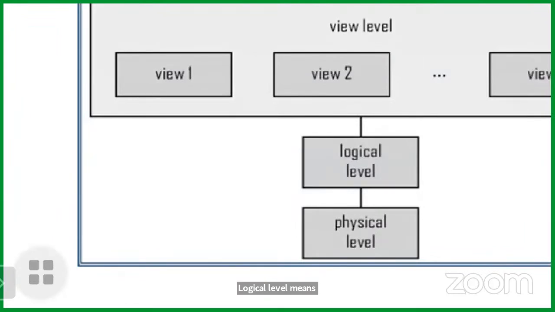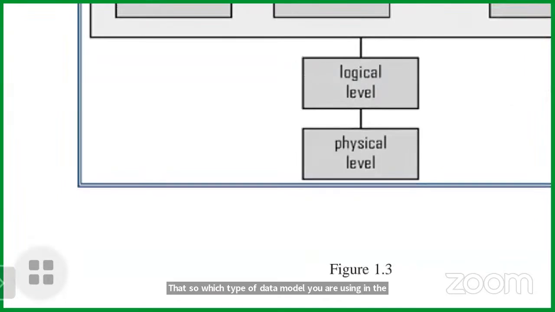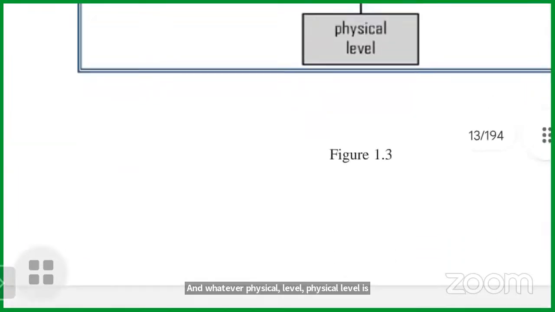I said we have 5 data models: relational data model, object-oriented data model, network data model, hierarchical data model. Different types of data models we have. So which type of data model you are using is shown in the logical level. And what about the physical level? The physical level means completely internal, in the secondary storage where the data will be stored. That is called the physical level.